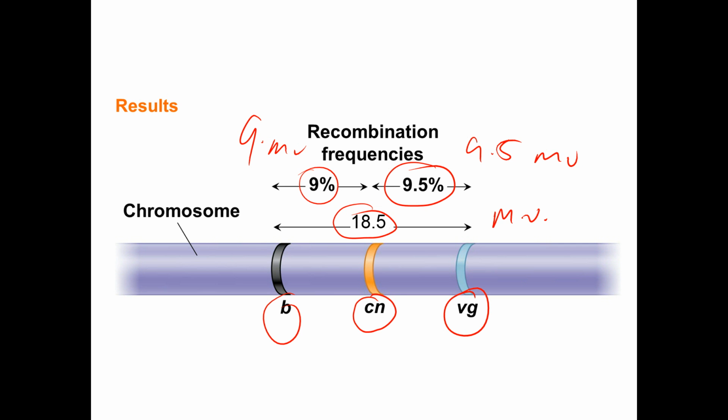By looking at the differences in map units between vestigial wing or wing type and eye color, wing type and body color, eye color and body color, you can figure out the orientation of these particular genes along the chromosome. They add up to a total of 18.5.